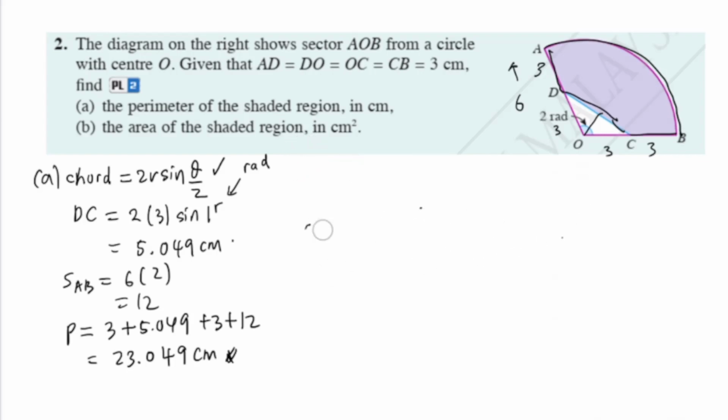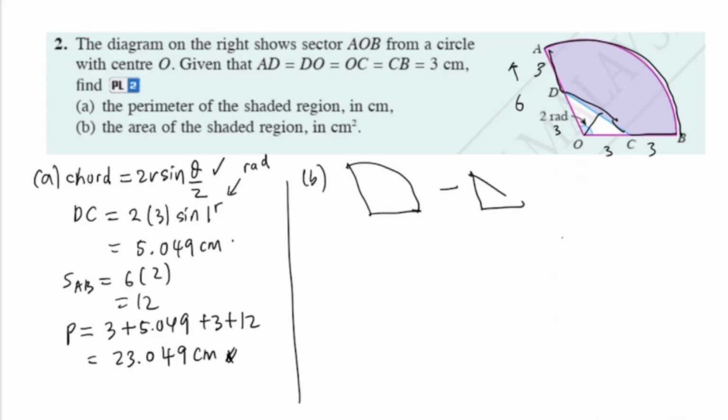Next one, the area of the shaded region. You can actually use the formula for the area of a triangle, half ab sine C. Remember in circular measure, in solution of triangles from Form 4. So we take the big sector minus the small triangle.